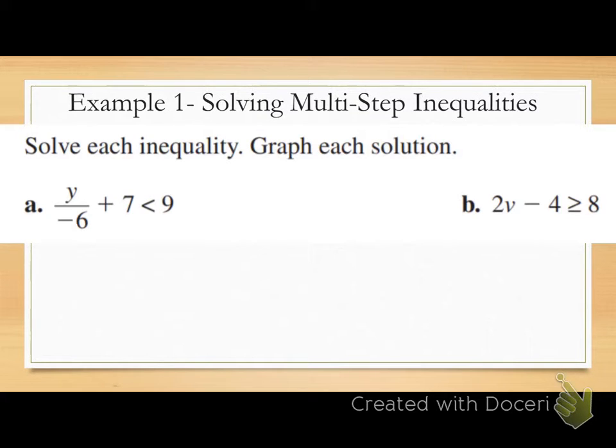So I have y over negative 6 plus 7 is less than 9. What would be my first step to get y by itself here? Not quite. What do I need to do before that?